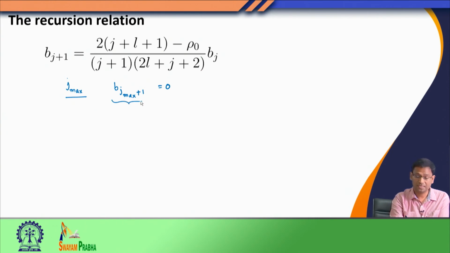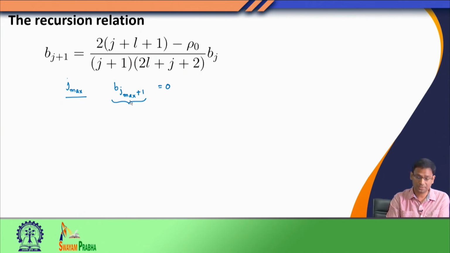If b j max plus 1 becomes 0, that means the coefficient of rho to the power j max plus 1 becomes 0, and the power series would start truncating. Once the j max plus 1 coefficient is 0, then j max plus 2, j max plus 3 and so on, all these coefficients will become 0. So, the power series will now be a finite series rather than an infinite series.